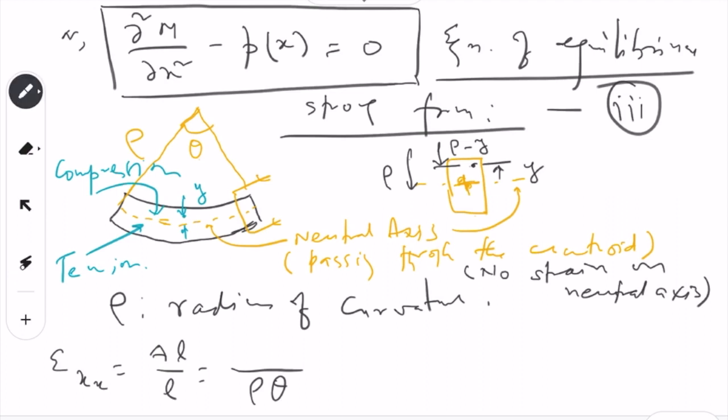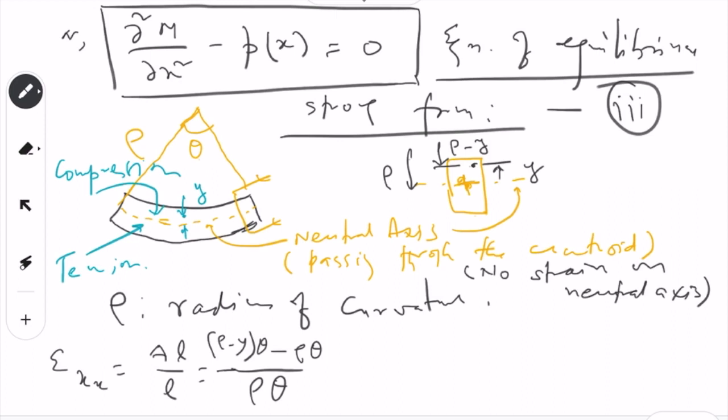Change in length is what? The original length is rho theta, and the current length is what? Rho minus y multiplied by theta. So we have rho minus y times theta. What do we get?